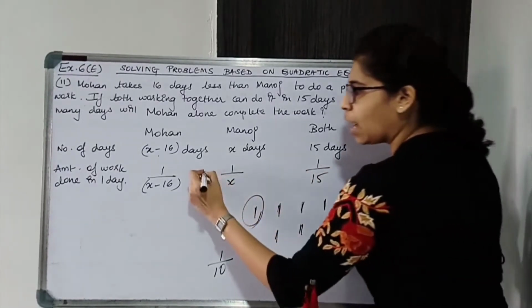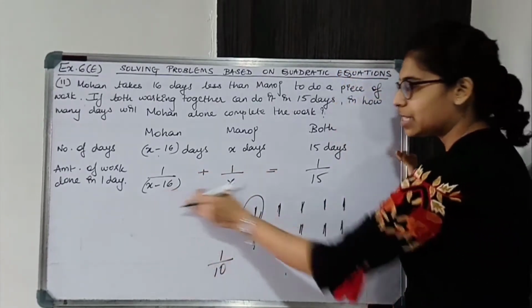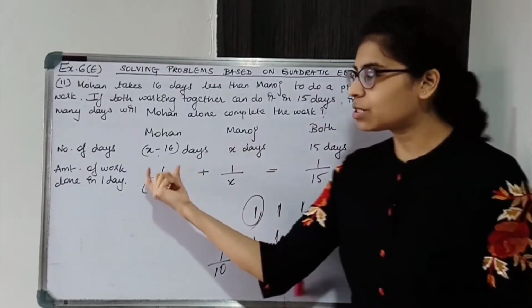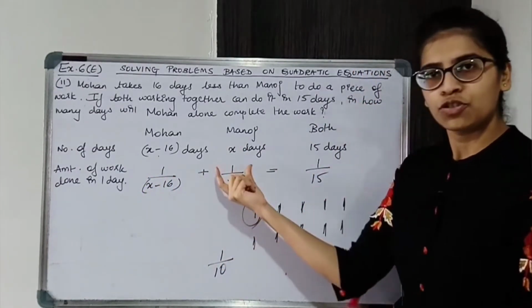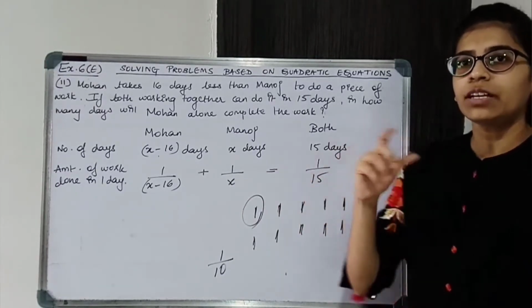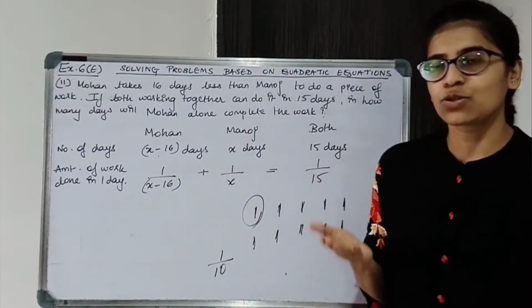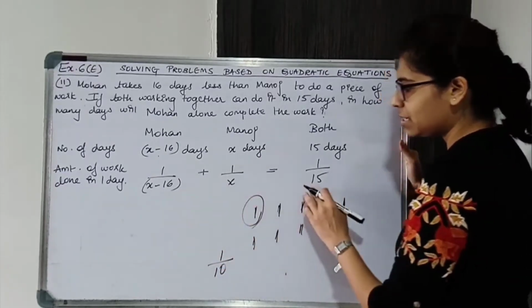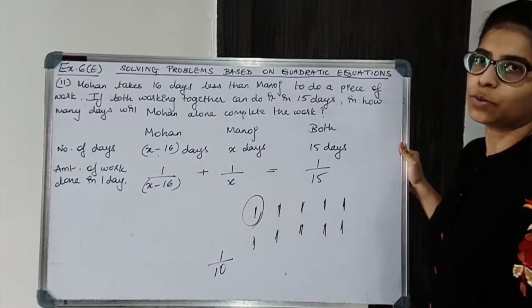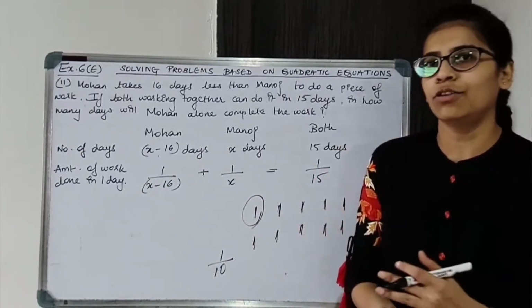So now if you add, it is equal. He finishes a certain part, Manoj finishes a certain part, and that is the total amount of work they do in one day. So this plus this is equal to 1 by 15. This will give you a quadratic equation, and on solving this you will get the value of x.